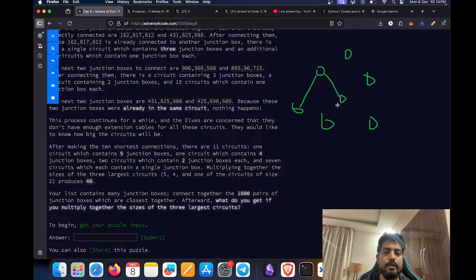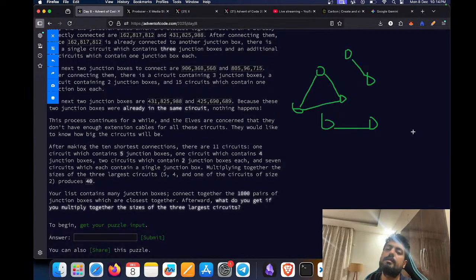Then in the third one, these two already have the shortest distance and they are part of the circuit, so it is still one single big circuit. Similarly, in one of the iterations, we connect this and maybe this, and we have three circuits here, which are sets of boxes that are connected together.